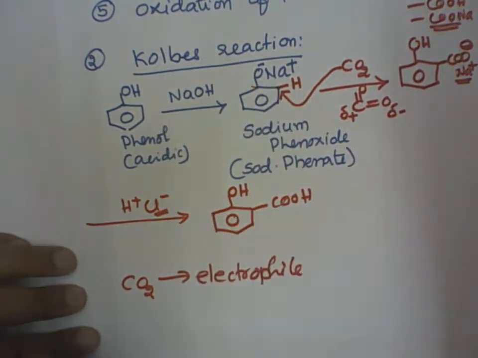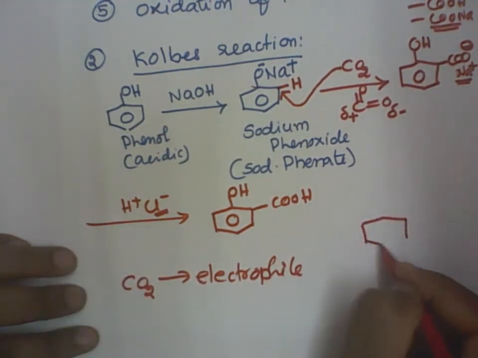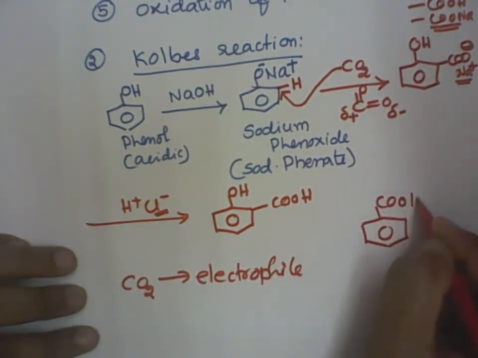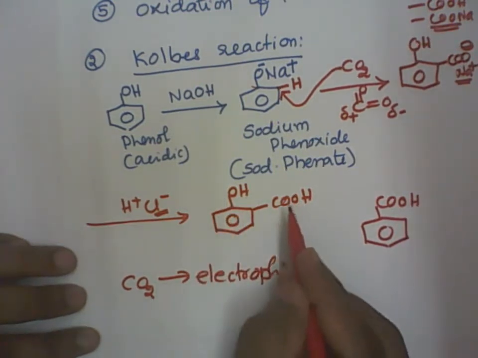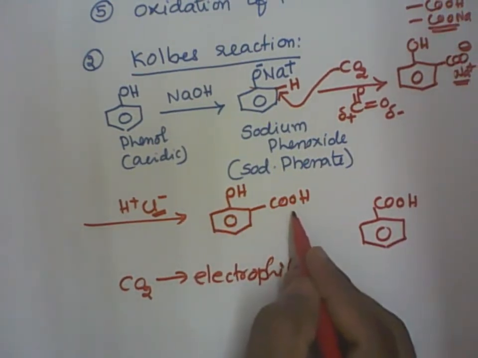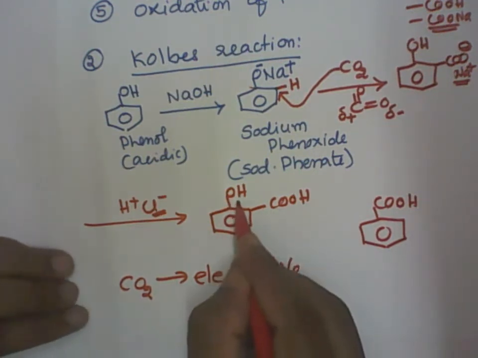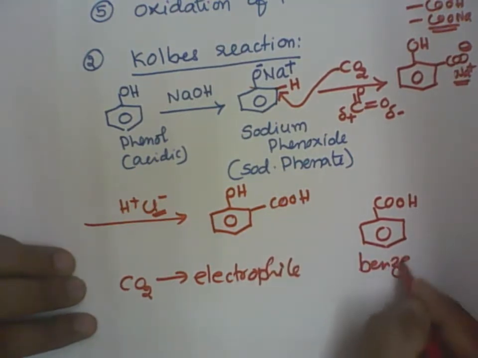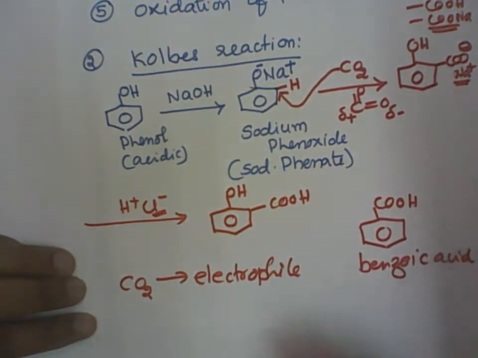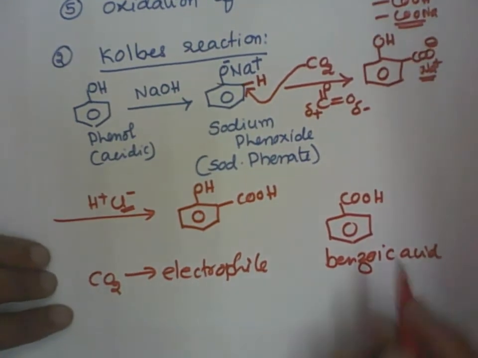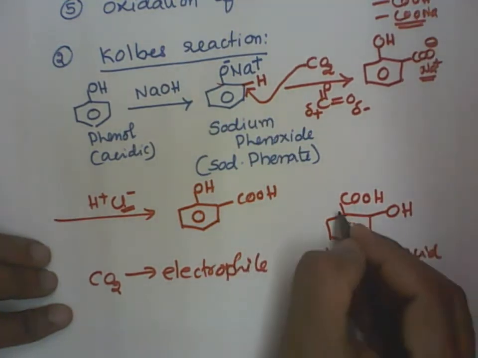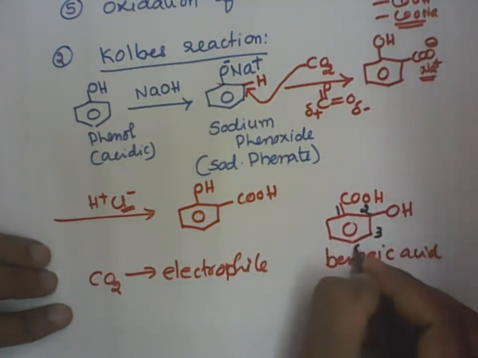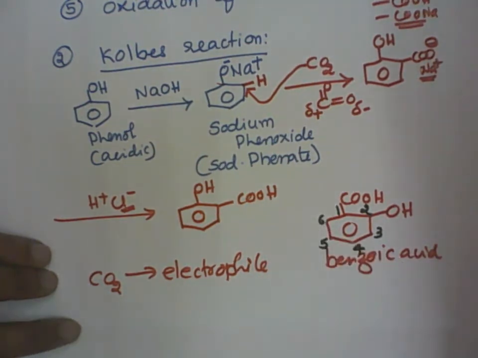Now we'll write the name of this compound. So I'll start with the carboxylic acid group. There are two functional groups here. One is the carboxylic acid group and the other one is the phenolic OH. COOH, carboxyl, is the main functional group. So this is a benzoic acid. Now I'll write the ortho position OH. So I can number the carbon atoms: carbon number 1, 2, 3, 4, 5, 6. So OH is now called hydroxy.